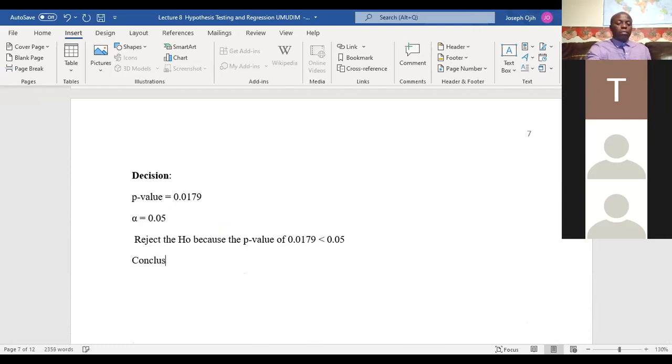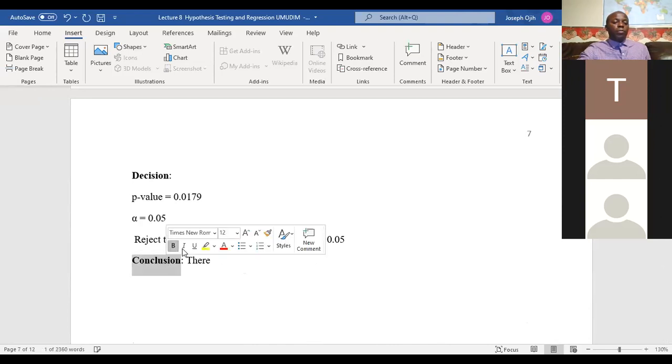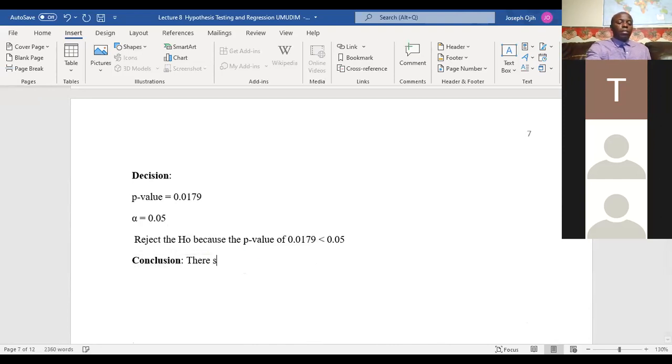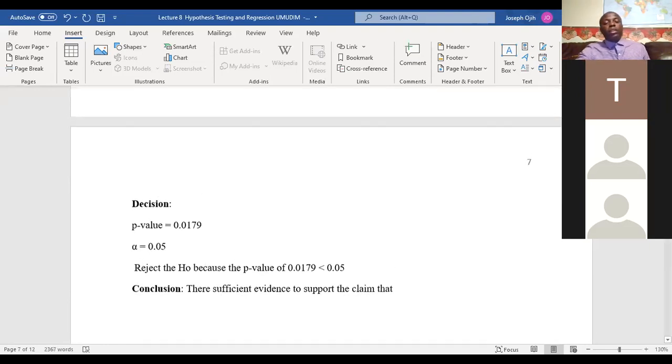Conclusion. There is sufficient evidence to support the claim that, what was the claim?